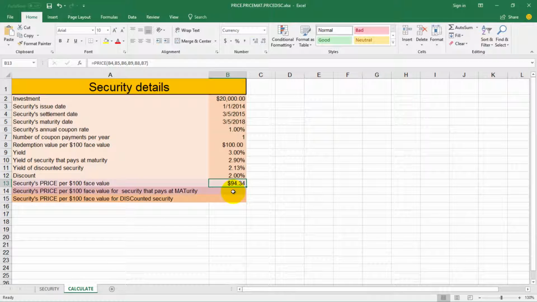Next, we will calculate the price for the scenario that assumes that the security pays at maturity.